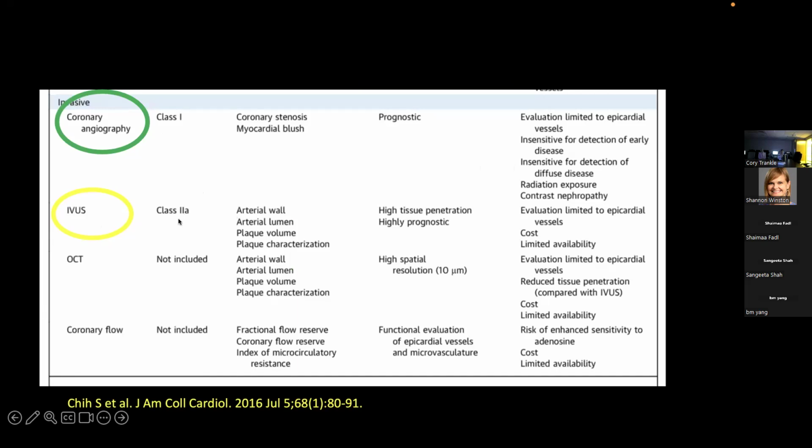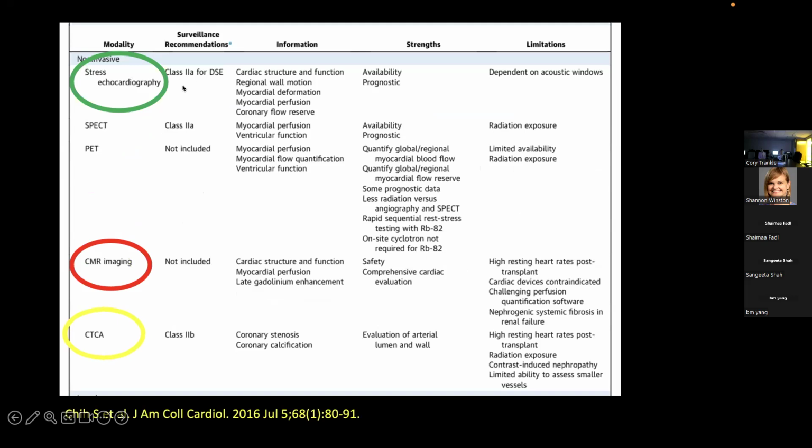It is classified as a 2A recommendation. Stress echocardiography is available, but it depends on the acoustic window availability, and can evaluate the cardiac structure, function, and wall motion abnormality.